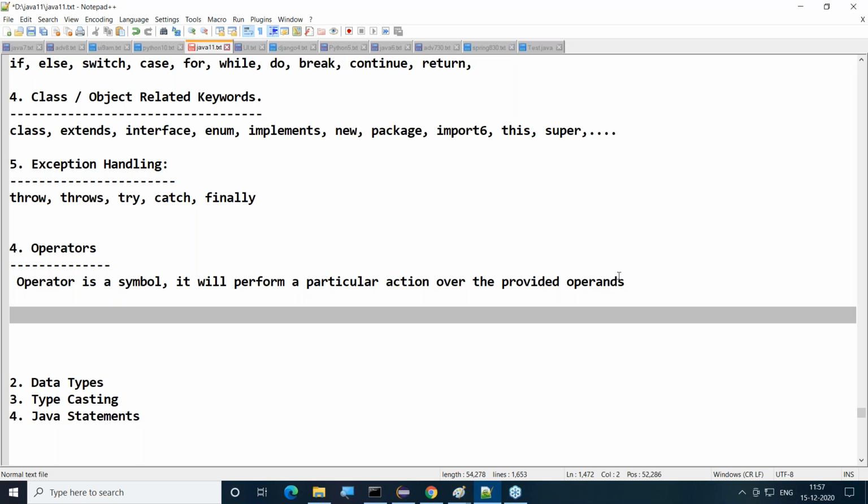Come on, I'm asking you. I want to get input from you. Okay, some people are giving many: arithmetic operators, bitwise operators, compound operators, relational operators. Good, good, good. All these are operators only. That's fine.